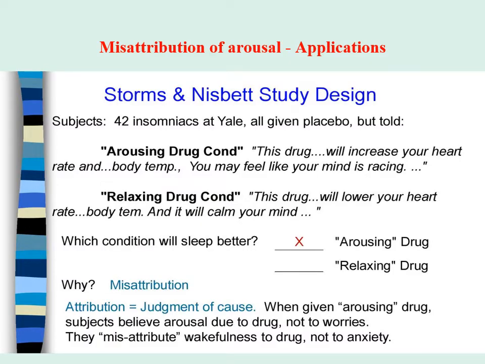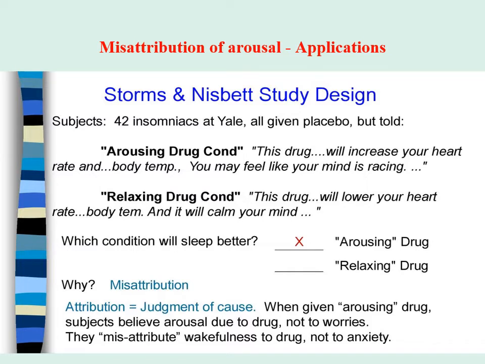The misattribution of arousal principle can also have some interesting applied applications. For example, Storm and Nisbett recruited 42 insomniacs at Yale University, and they were all given a placebo pill that had no actual effect. But they were given two different kinds of information.